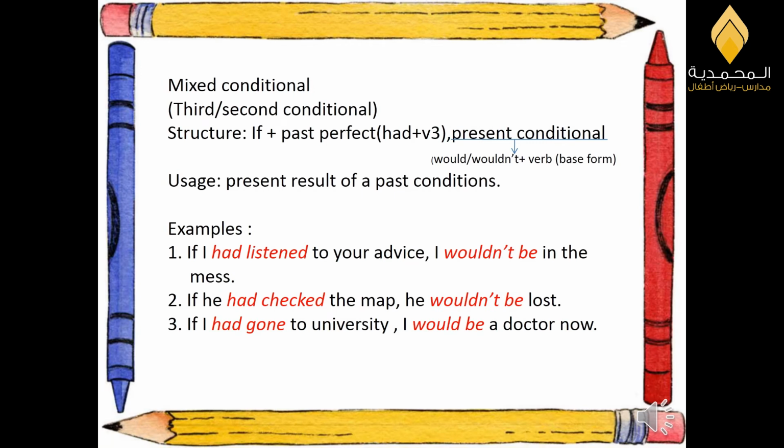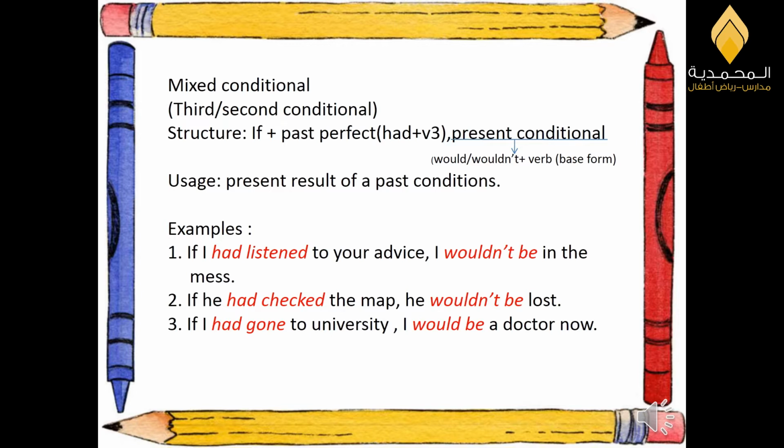Now let's take the first structure for the mixed conditional. I want you to know that we have two structures for the mixed conditionals, and each one of them has a usage. Let's take the first one. The first structure says that I should have if plus past perfect, I mean had plus verb 3.